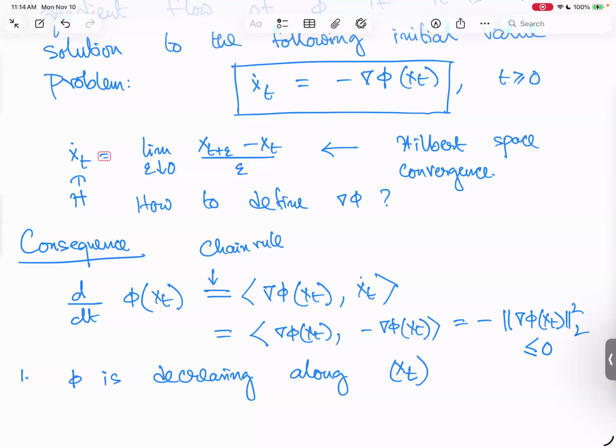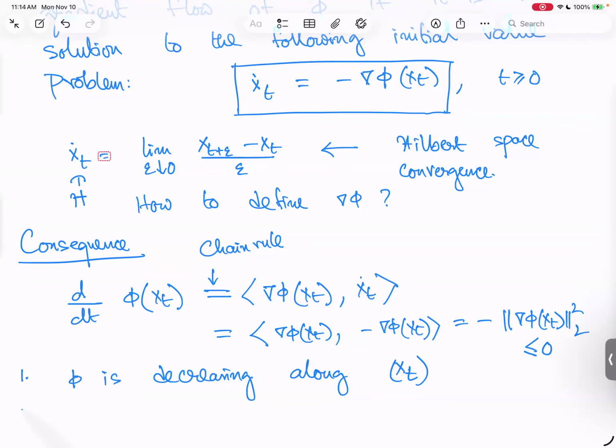The norm squared in the Hilbert space is always non-negative. It is zero if and only if the vector is zero, otherwise it's strictly positive. Therefore the time derivative of the function along the gradient flow curve is non-positive, and actually strictly negative, unless the gradient of phi is zero. So we learned that phi is decreasing along x_t.